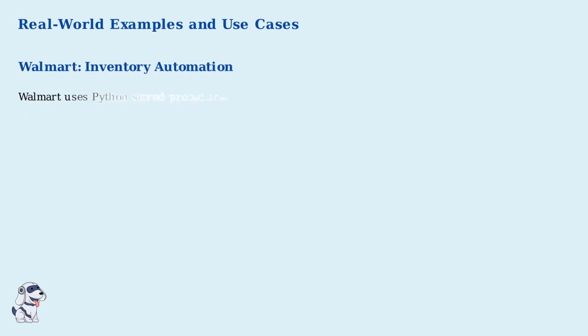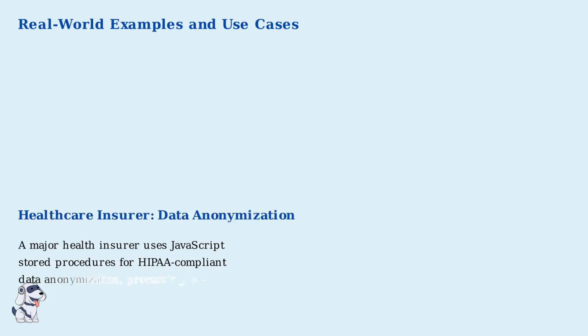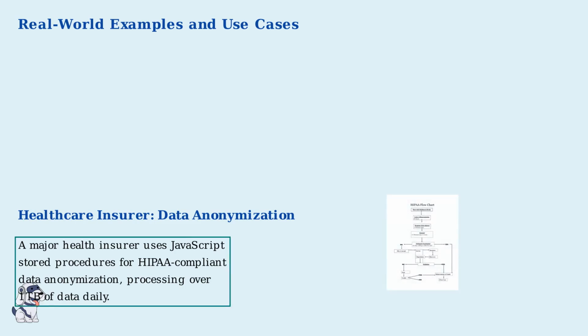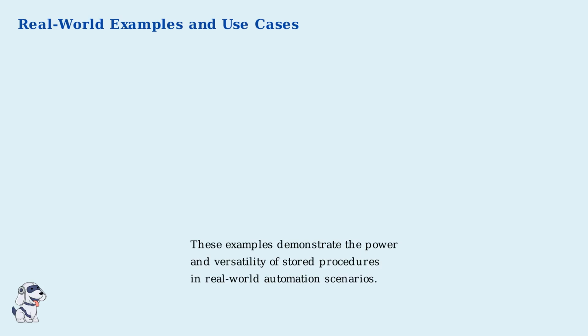For instance, Walmart uses Python stored procedures to automate daily inventory updates, reducing manual errors by 60% and saving $2 million annually. A major health insurer employs JavaScript stored procedures for HIPAA-compliant data anonymization, efficiently processing over 1 terabyte of data daily. These examples highlight the effectiveness and adaptability of stored procedures across different industries and use cases.